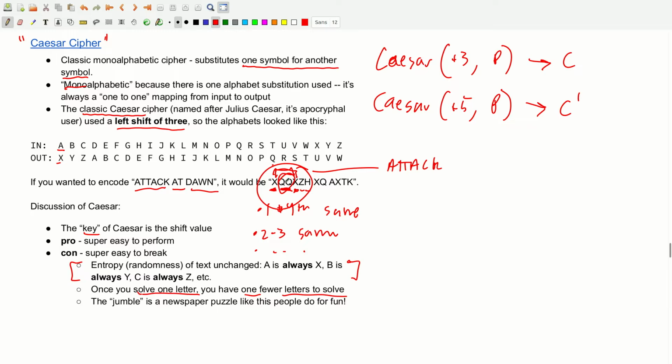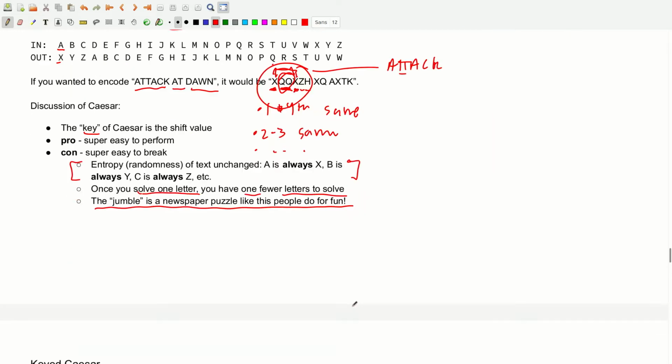Once we decide that these Q's are T's, then we only have to figure out the positions of 25 letters. And when we decide that X is A, 24 letters, and so on and so forth. So as we break the cipher, it gets easier and easier to break, and eventually it falls apart. I mean, some people break Caesar ciphers for fun. Okay, this used to be called the jumble. All right, that's the Caesar cipher.